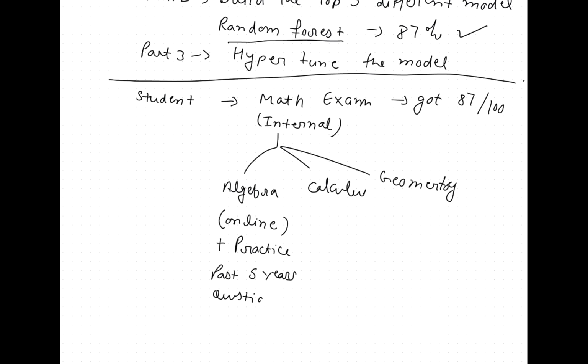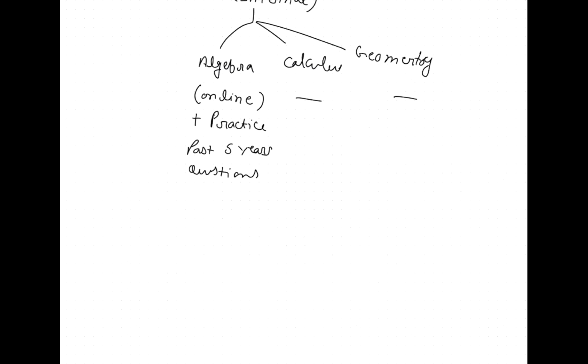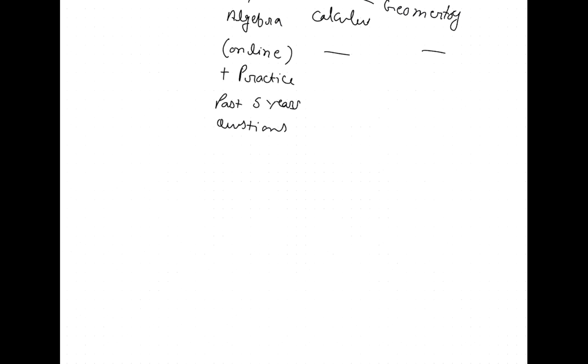Same with this one. So you did this, but you got 87%, and what you want to do is make changes in this. So what you will do, you will keep it the same online, but you will practice past 10 years now instead of 5 years.